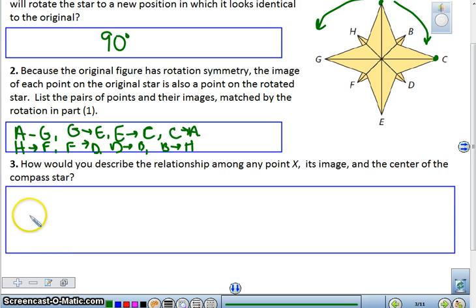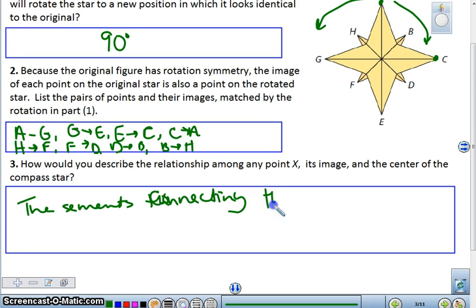We're going to say that the segments connecting these points form a 90-degree angle.